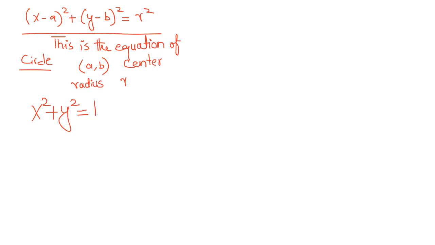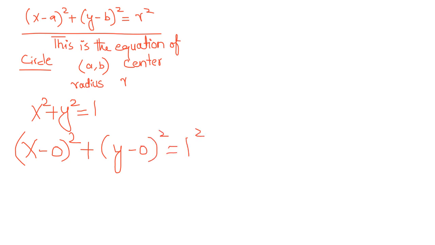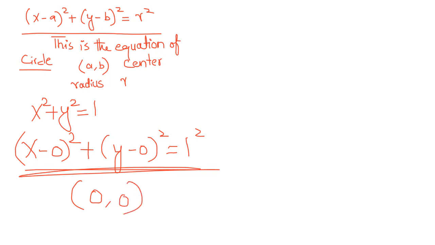So in this case we can write this as (x minus 0) whole square plus (y minus 0) whole square is equal to 1 square. So this is the equation where the center point is (0, 0).